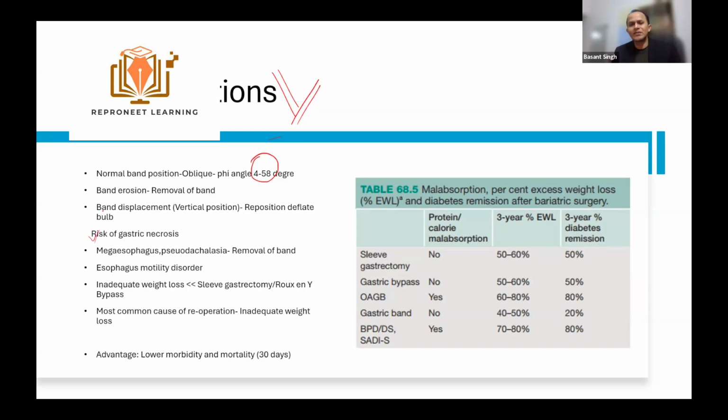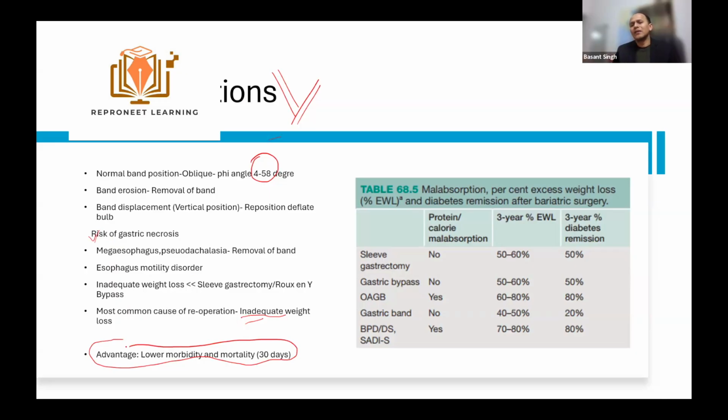What are the other complications? You can have megaesophagus, pseudoachalasia, esophageal motility disorders, inadequate weight loss compared to other procedures, and the most common cause of reoperation in gastric banding is inadequate weight loss. What is the advantage? Among all these procedures, this has the lowest 30-day morbidity and mortality, because it is a very simple procedure.